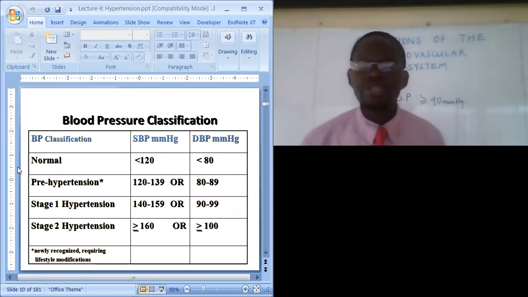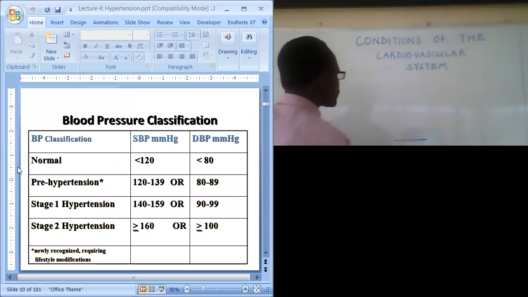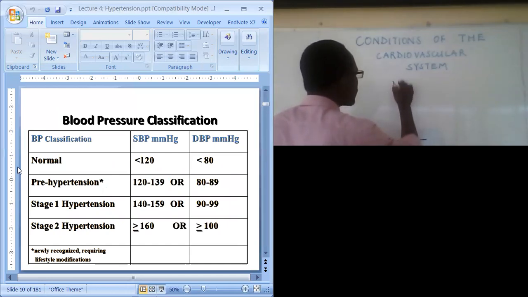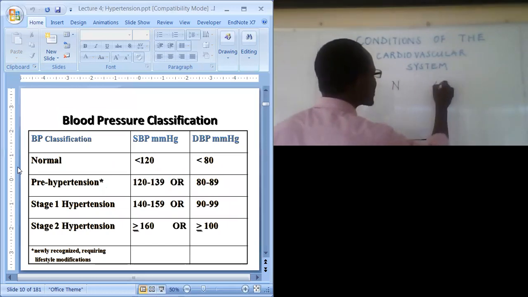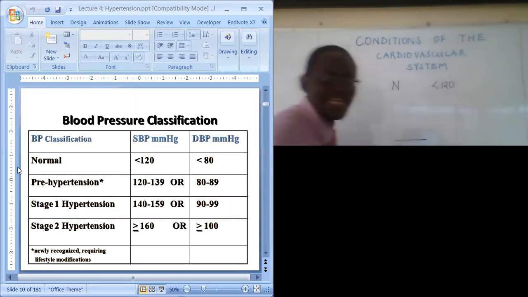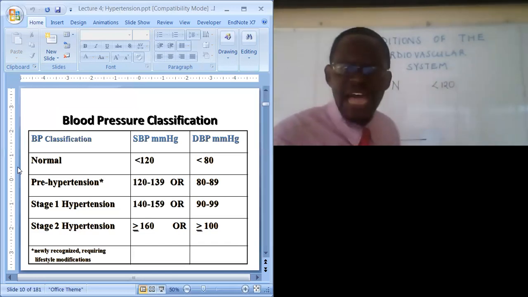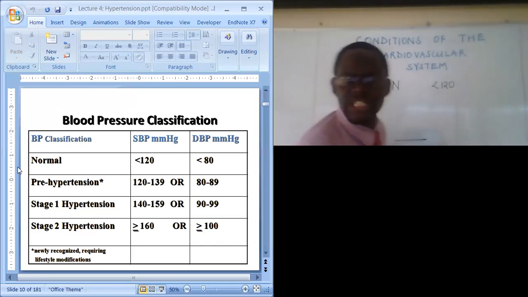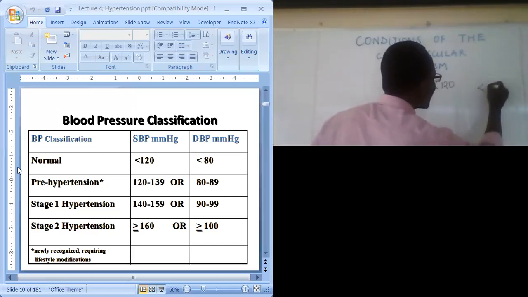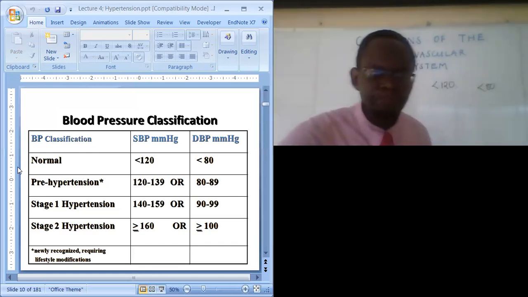There is what we call the normal blood pressure, which has a systolic of less than 120 and a diastolic of less than 80 millimeters of mercury.